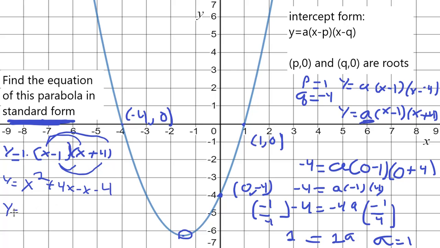Combining like terms gives me y equals x squared plus 3x minus 4. And that is my equation in standard form. So remember, when the roots are identifiable, but the vertex is not, you want to use intercept form.